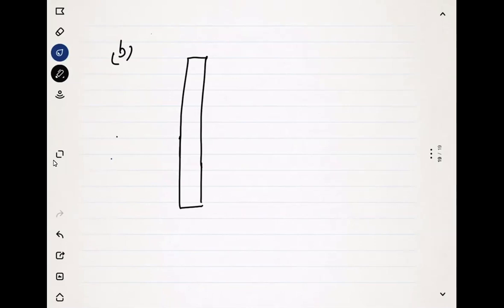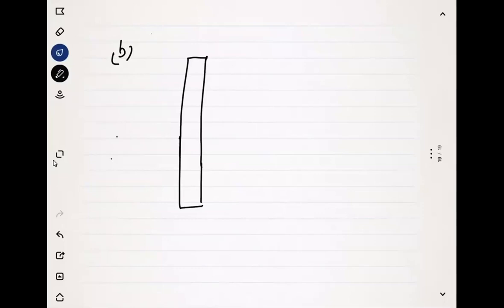Now they're asking to write the equation of equilibrium, or the second condition of equilibrium, to relate T and mg. So we will take P as pivot. Here one of the forces is T and the other force is mg.